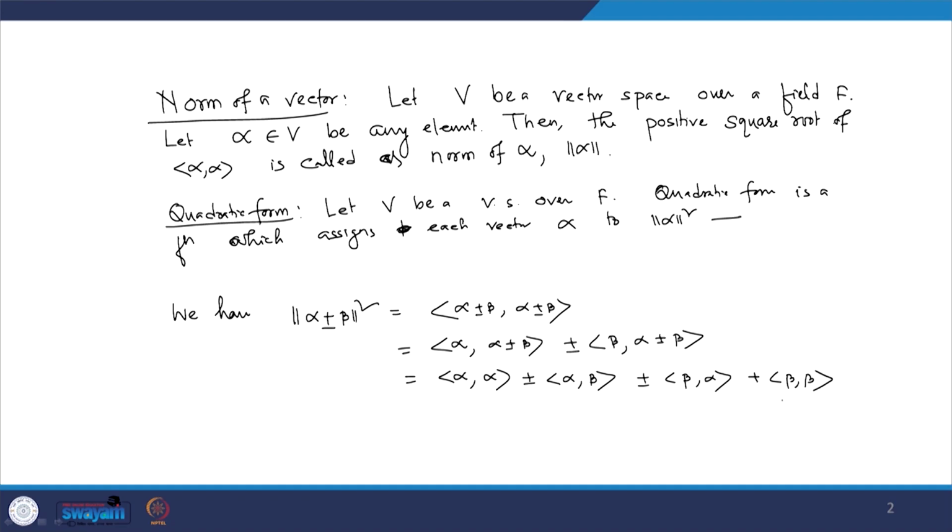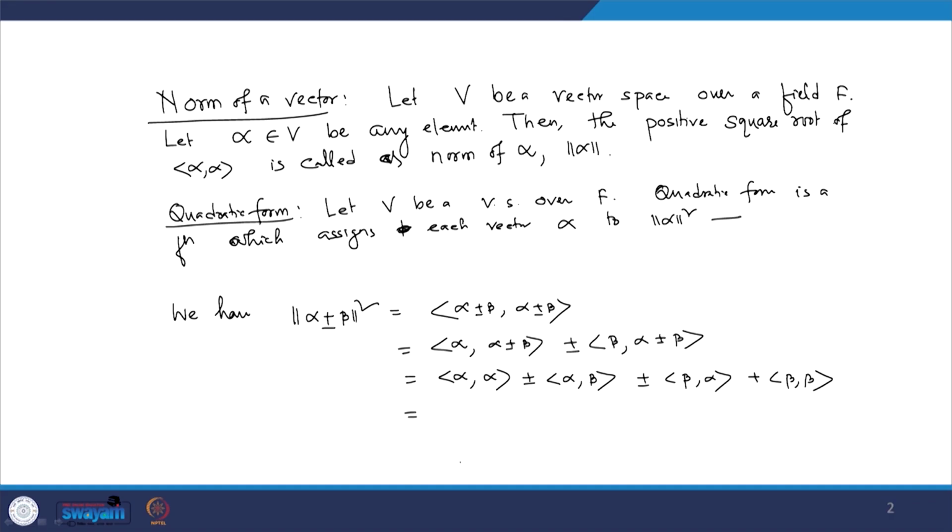Okay. So, using the axioms which I have used in definition of the inner product, I can write down that norm of alpha plus minus beta whole square as inner product of alpha alpha plus minus inner product of alpha beta plus minus inner product of beta alpha plus inner product of beta beta.